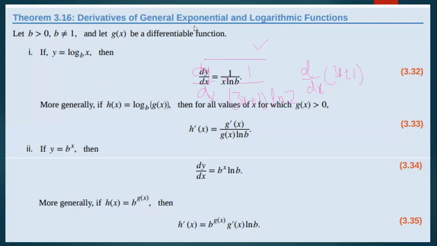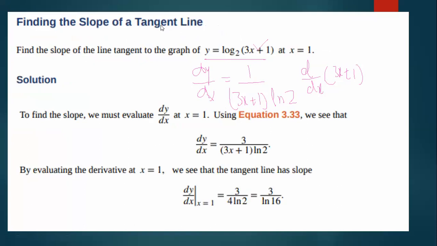I have to change the color. Okay, so this is basically the formula, which is d upon dx of this one. Let's move towards the question. So the derivative will be 1 upon ln 2 with (3x + 1).